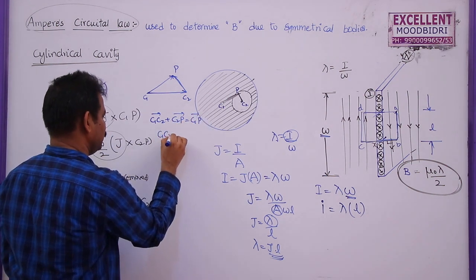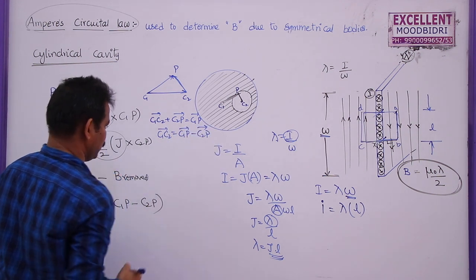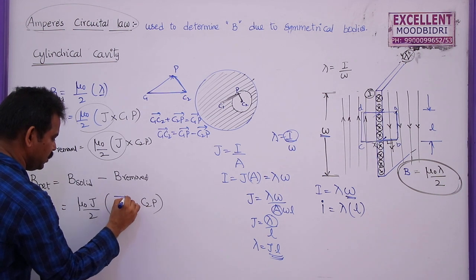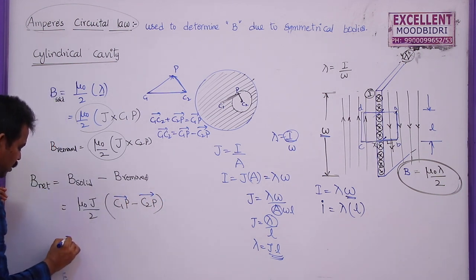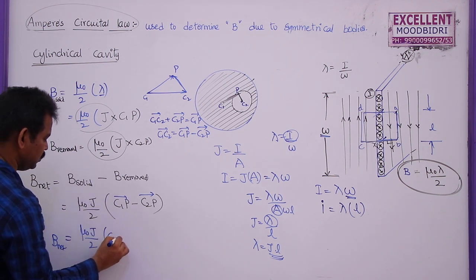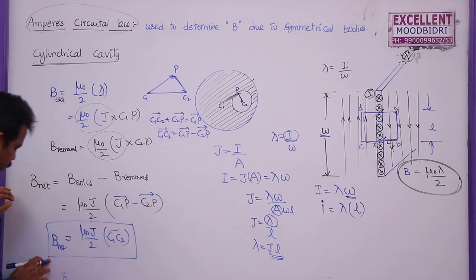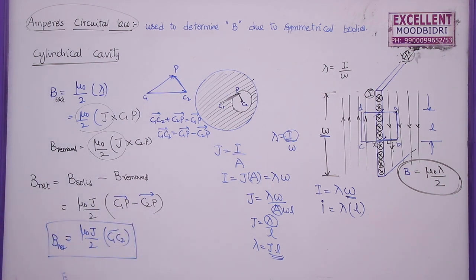So what is C1C2 bar? C1P bar minus C2P bar. So in place of C1P bar minus C2P bar, I can write the net magnetic field as mu naught J by 2 C1C2. That is the distance between the two centers only.